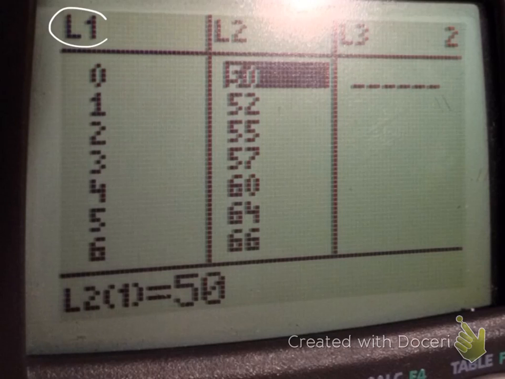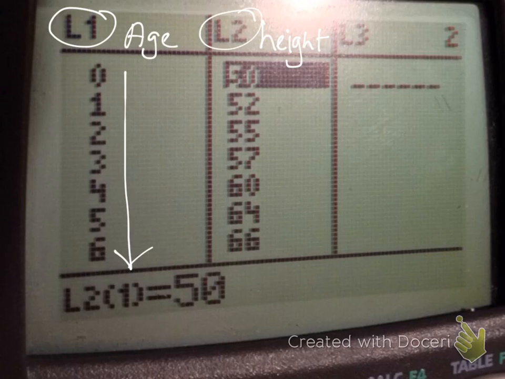And in L1, you're going to put age 0 to 23. Just type 0, enter, 1, enter. And then in L2, you put his height. Once you do that, you can go back and read the directions on the bottom of the paper, or you can listen to this video.